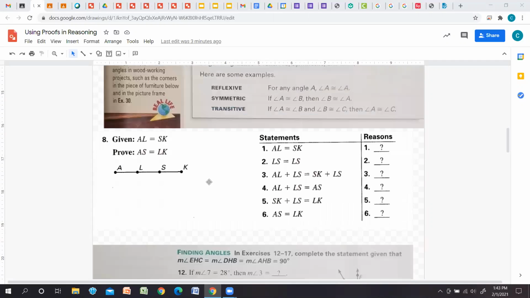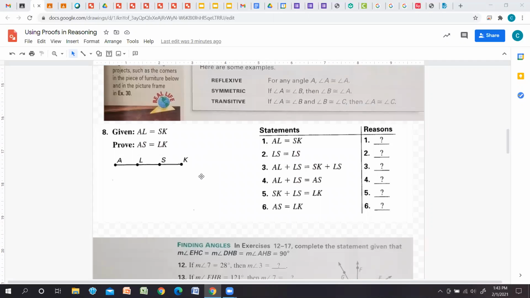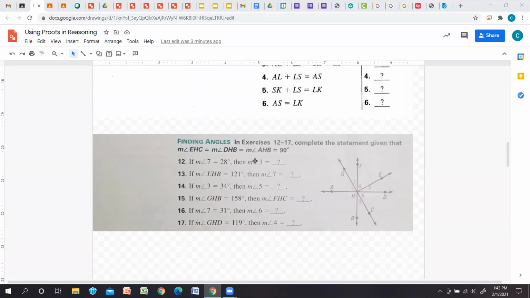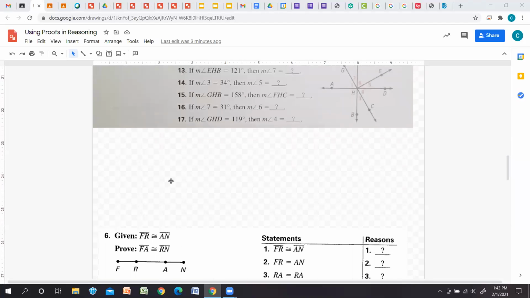So I'm going to work through this first proof, but then you'll see the other assignments. One is figuring out what some other angles are based on our properties. It gives us some facts up here about some of the angles. That's mostly vertical angles and linear pairs, so make sure you understand that.